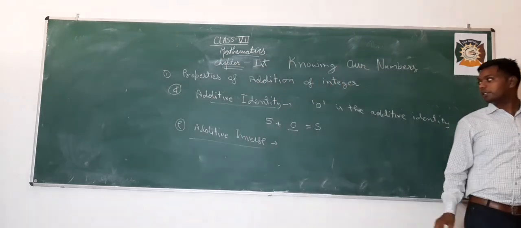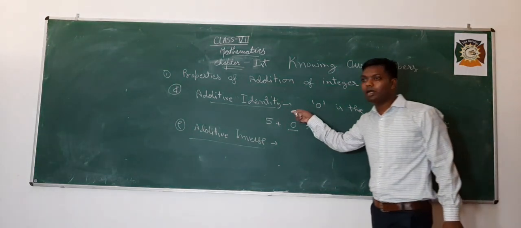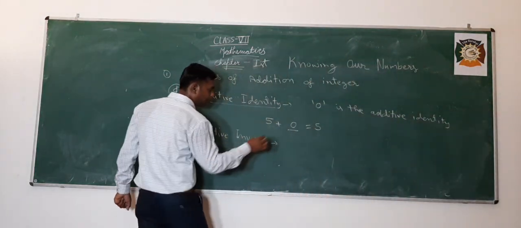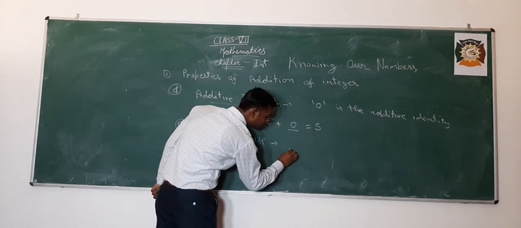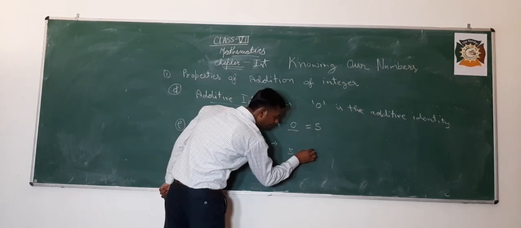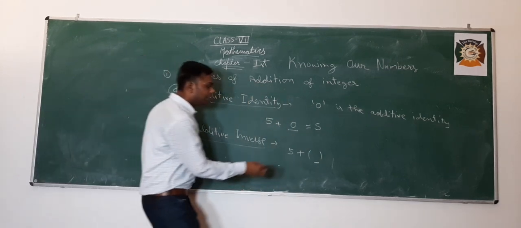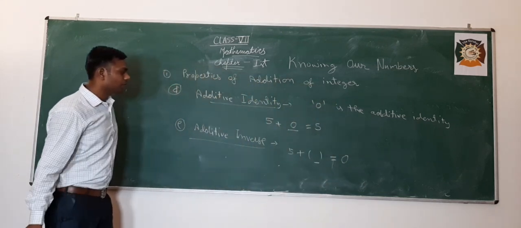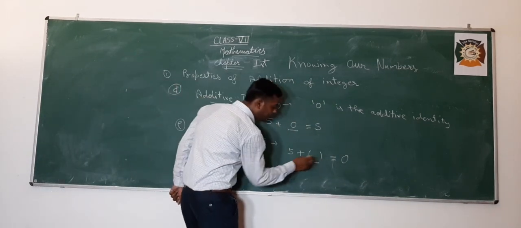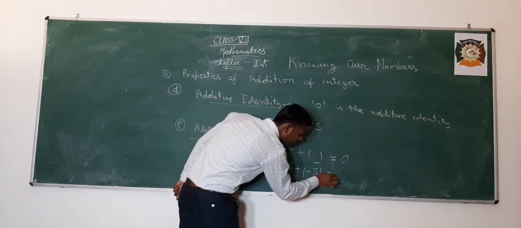If we choose any integer, what should we add to it to get the additive identity? Consider the same example, 5 is an integer. What should we add to this 5 to get the additive identity, that is 0? We can add minus 5. That will be 0.